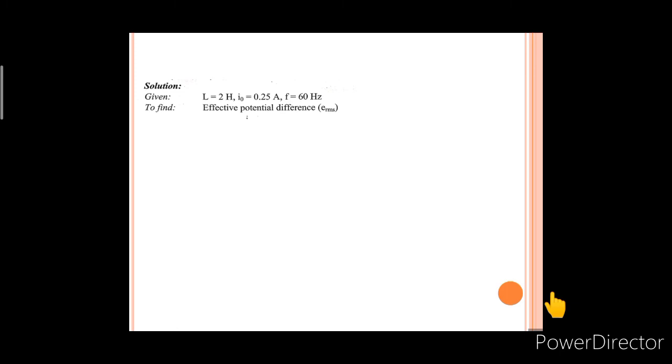We have to calculate the effective potential difference, that is E RMS. The formulas we will use are: first, I RMS is equal to I0 upon square root 2. Second, XL is equal to 2 pi F L. And finally, to obtain the effective potential difference, E RMS is given as I RMS into XL. As XL is E RMS upon I RMS, we can write E RMS as I RMS into XL.